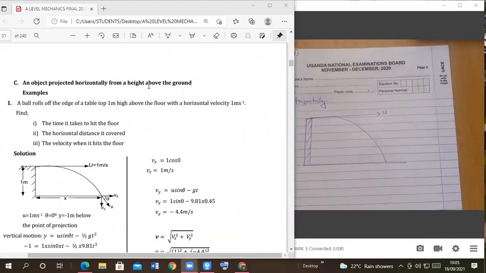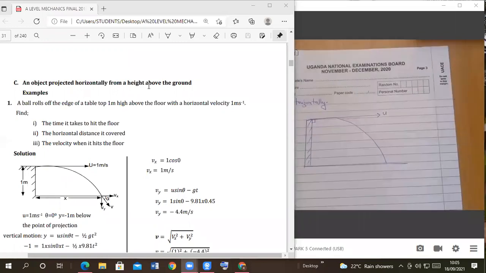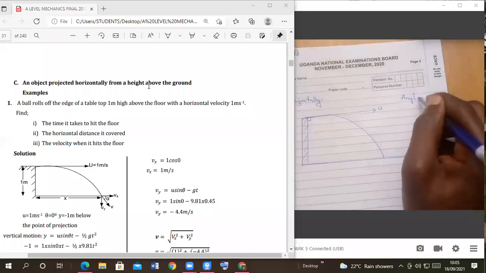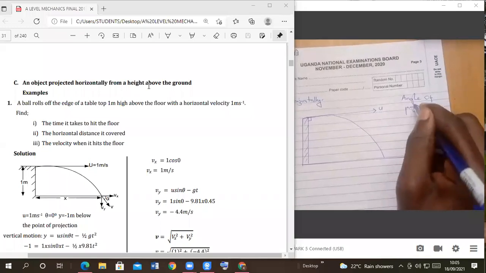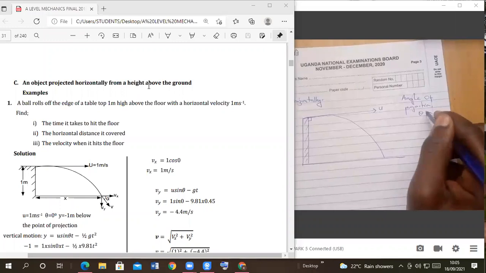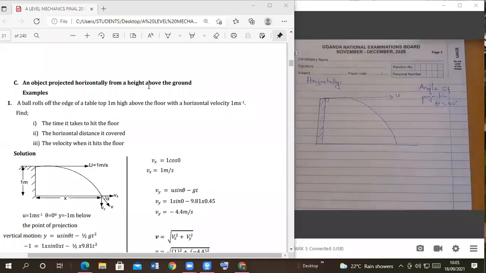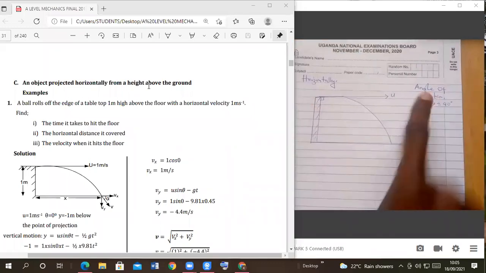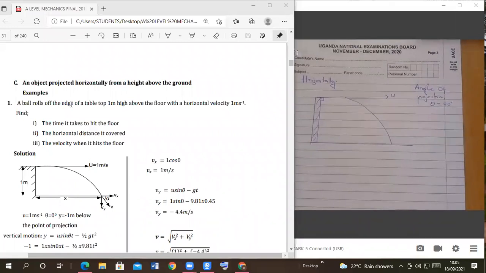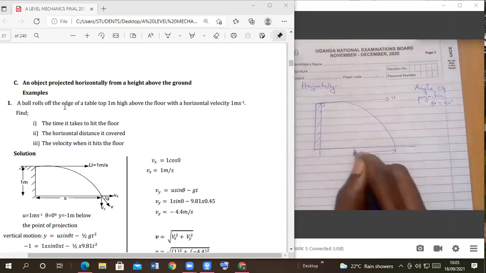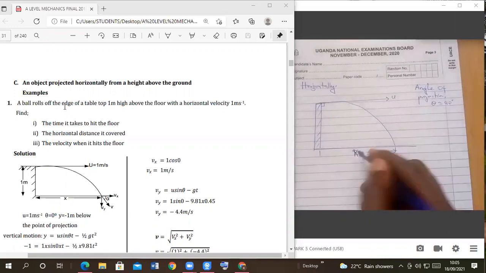At this point, the angle of projection theta is 90 degrees, because it's running horizontally. Then this one still remains our range, the horizontal distance x.